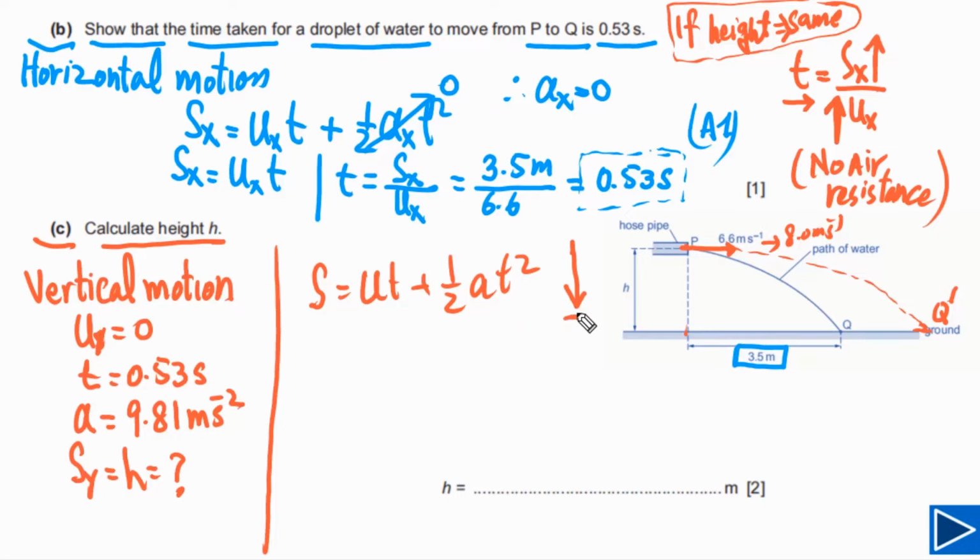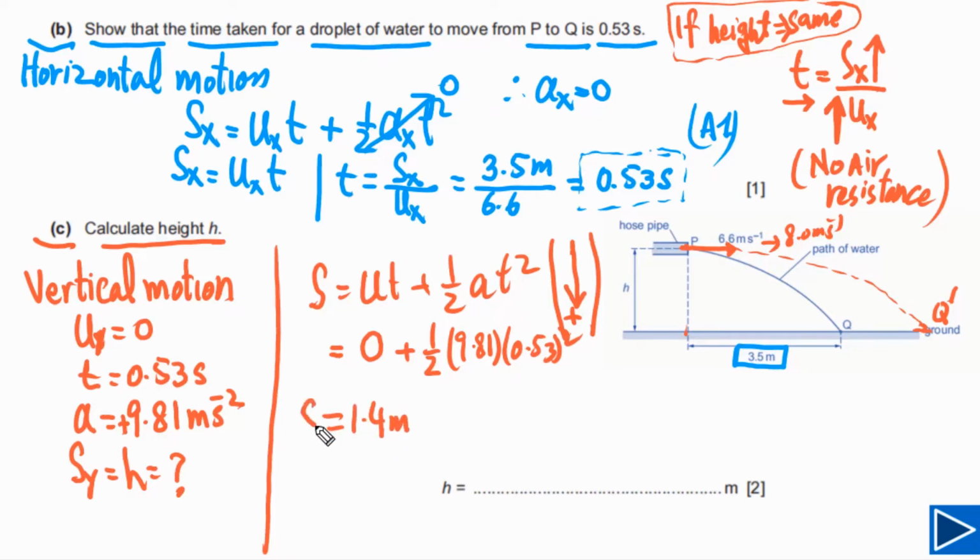Now we will take downwards as positive. If we take downward positive, it means acceleration is positive and the value of displacement also will be positive. U in this case is equal to 0, so this is equal to 0 plus 1/2, a is equal to 9.81 and time is 0.53. If you do this calculation, our final answer will be 1.4 meters. And this is height, the vertical displacement.